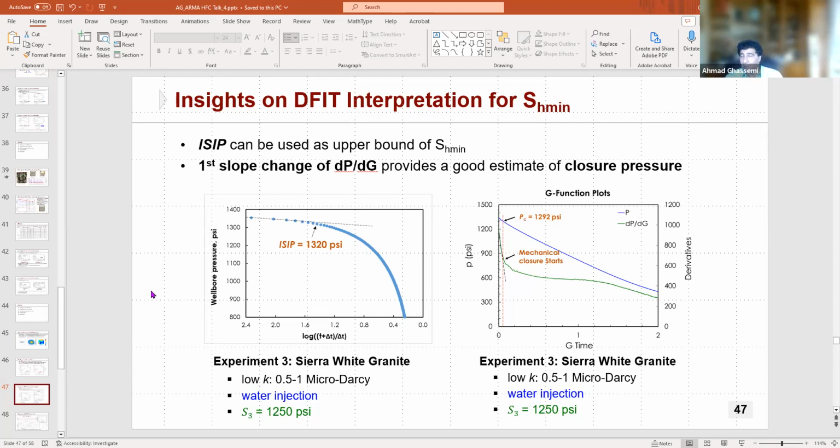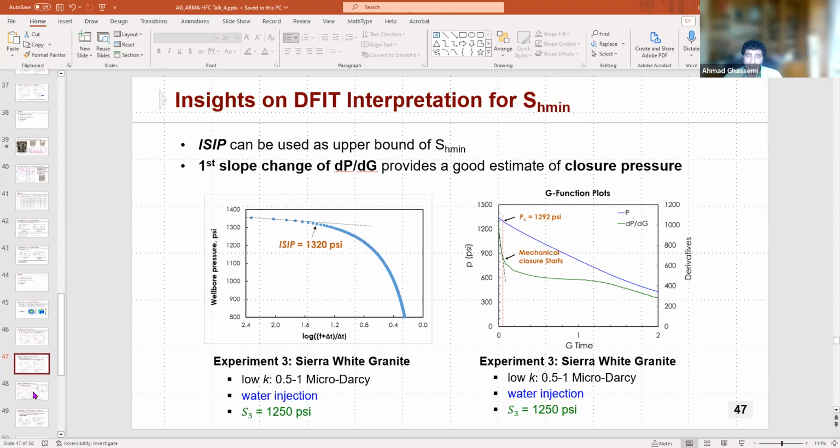What is interesting is that the first signature using the compliance technique comes close to the value of ISIP. That it overcomes that tendency to still have a lower estimate when you use the compliance technique.